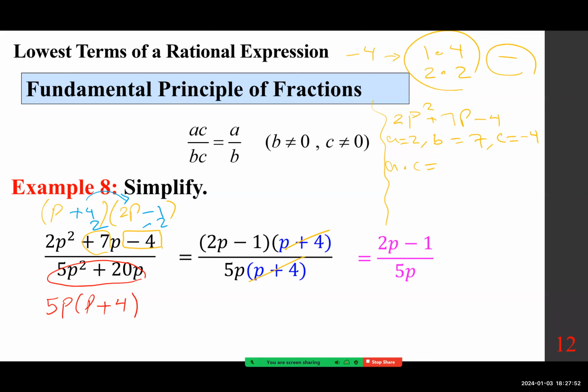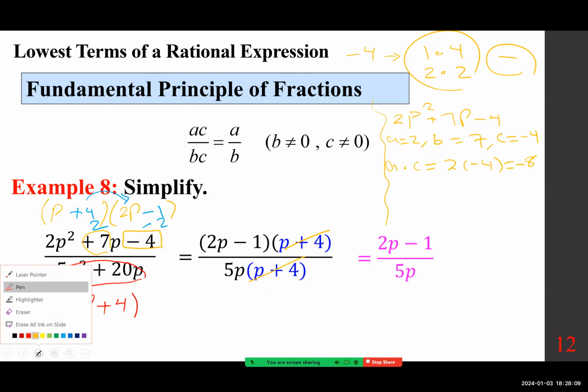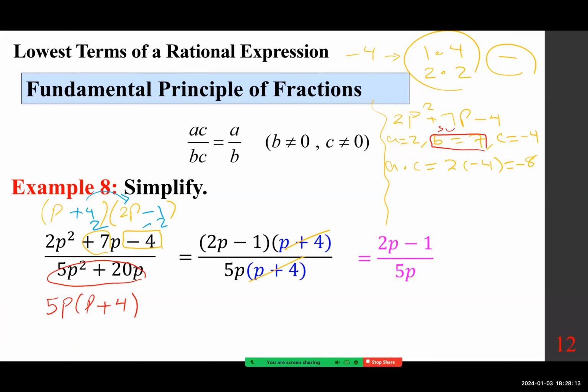A times c is 2 times negative 4, which is minus 8. So we want two numbers. The product is AC and the sum is B.